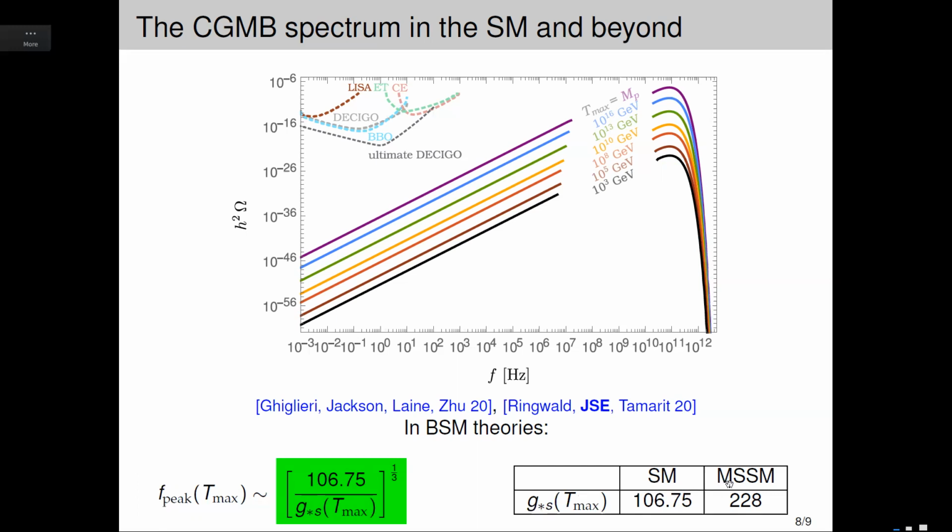However, in the minimal supersymmetric standard model, it's 228. So if you have the minimal supersymmetric standard model at these ultra high temperatures or energies, then you expect the peak to be at a lower frequency. So you can use this to constrain particle physics models at ultra high temperatures.